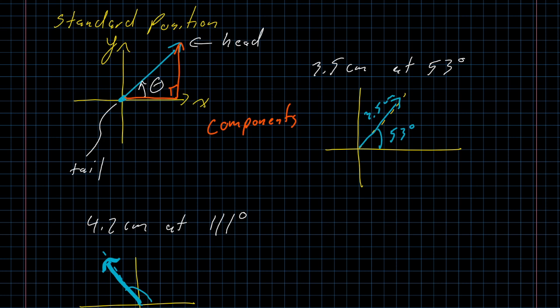Now wait a second. This is a right triangle that has a known angle and a known hypotenuse. Triangle trigonometry can let us know what these components are.